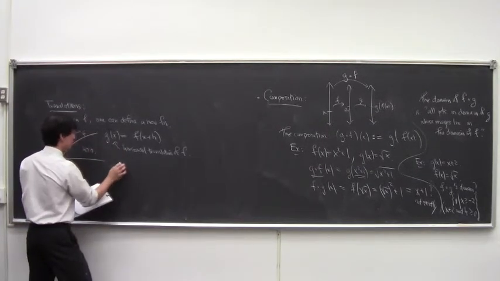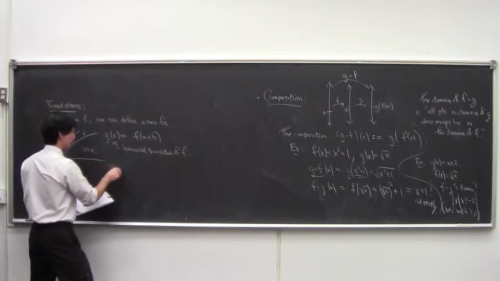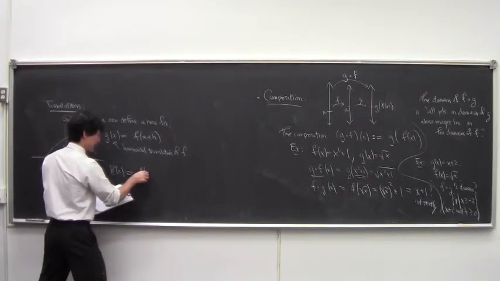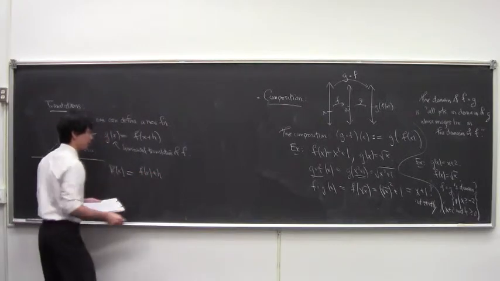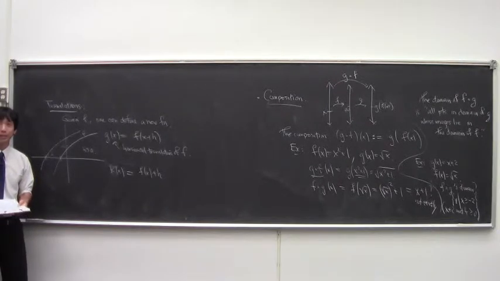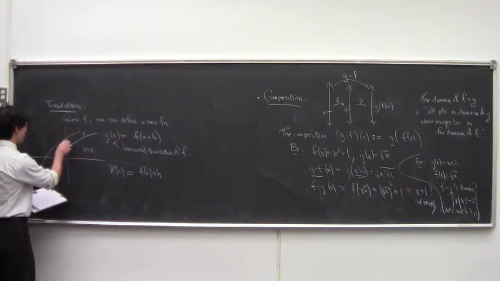Another example. Let's suppose you have some other function k, which is f of x plus h. What does that function look like? Somebody who hasn't spoken, Emily? It's similar, but shifted up. Shifted up. So you just shift the whole thing up by h units.